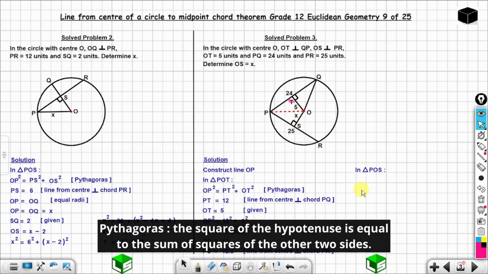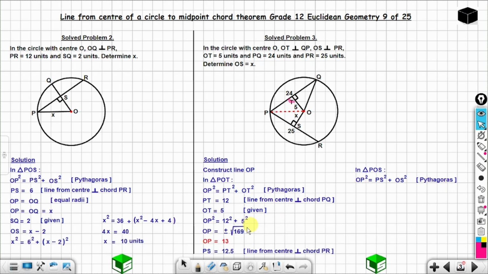So using Pythagoras, OP square is equal to PS square plus OS square. So 13 square is equal to 12.5 square plus OS square.